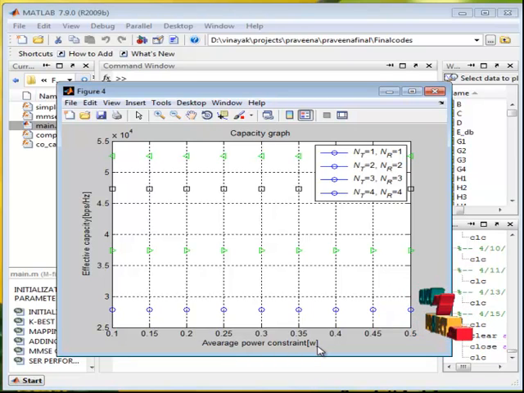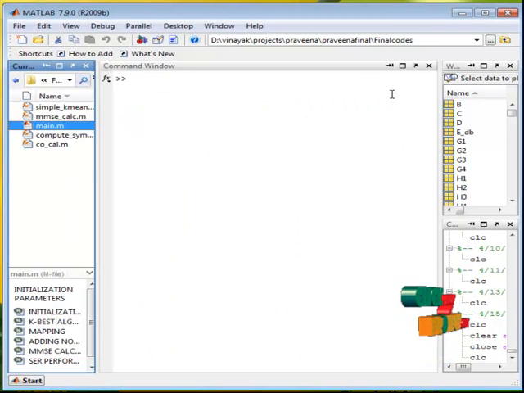And the capacity. This capacity graph shows the average power constraint values. The effective capacity of the system is modeled as a constant parameter for various numbers of transmitters and receivers. Using this analysis, we can estimate the symbol error calculation. The efficiency and capacity of the system are analyzed using the spatial modulation technique. Thank you.